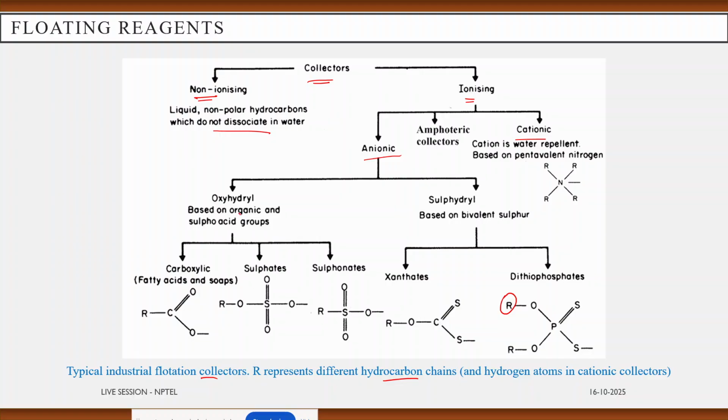So anionic collectors are oxyhydryl based upon the organic and sulfur acid groups. There can be carboxylic or fatty acids and soaps. They can also be used as a collector. Sulfates can be used as a collector and sulfonates can be used also as a collector.